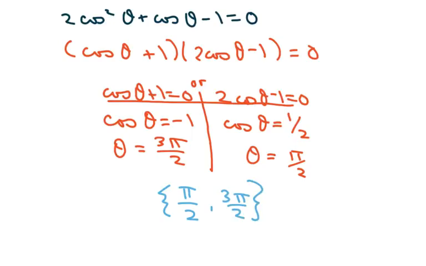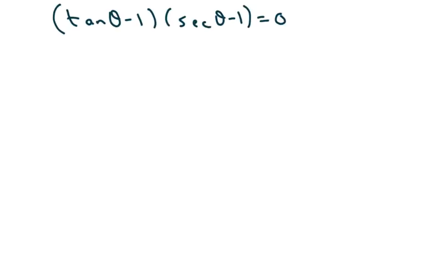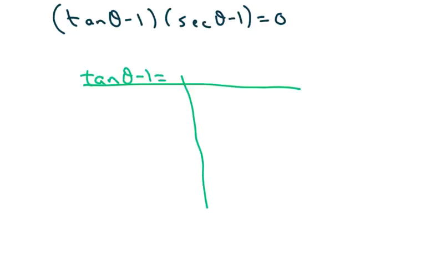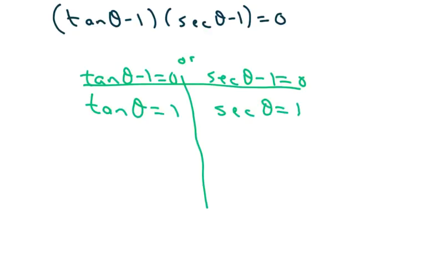And we have one more. This one's already broken down for you. So, therefore, we are just going to write it as tan of theta minus 1 equals 0, or secant of theta minus 1 equals 0. We have on this side tan of theta equals 1. On the right, we have secant of theta equals 1.